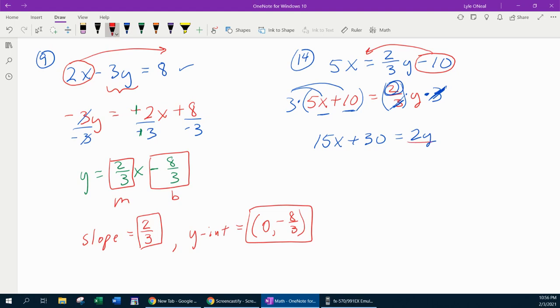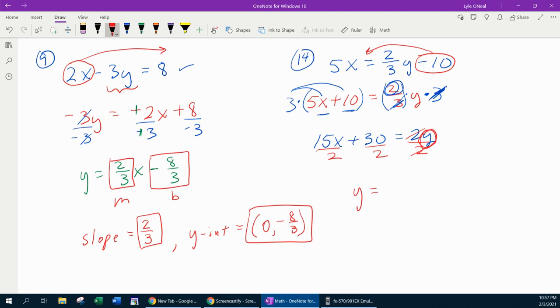And then I can get rid of the 2 by dividing everybody by 2. This may take a little bit longer than getting rid of the 2/3 in one step, but it may be a little less stressful too. Maybe a little bit easier to understand. So now notice I've got the y by itself, and so I'm going to write the y on the left.